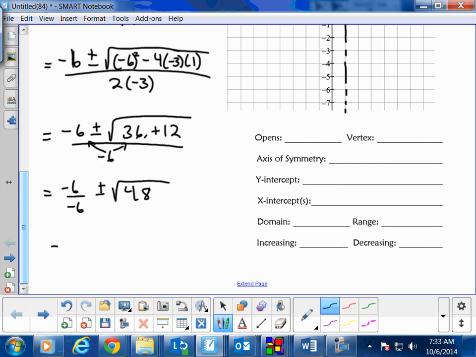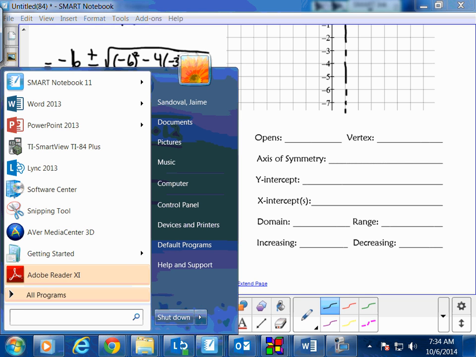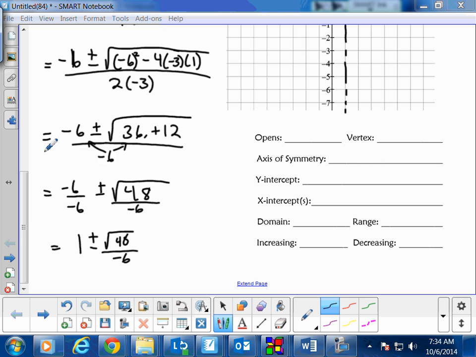From here, I'll get 1 plus or minus, oops, forgot to put my -6 here, the square root of 48 over -6. Now, this is where the calculator becomes handy, because I want us to figure out what the square root of 48 over -6 is going to be.